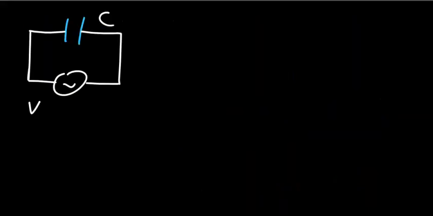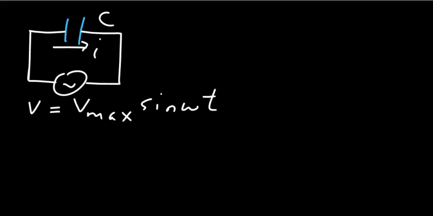Now what happens if you have a capacitor in the AC circuit? So the voltage, the output voltage, is defined in the following manner: V max sine omega t. Now what is the current through the capacitor? We note the charge across the plates of the capacitor equals capacitance times the voltage across the capacitor.